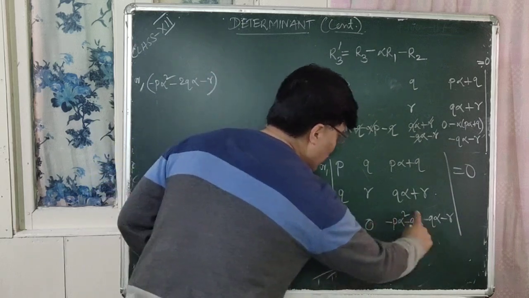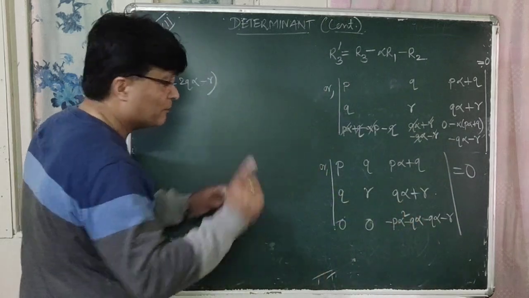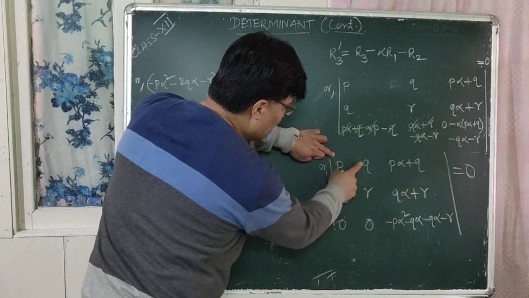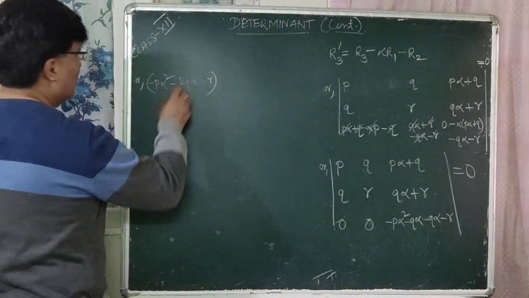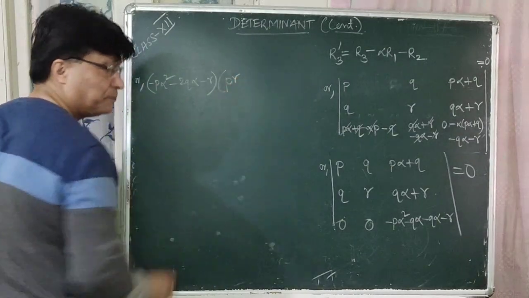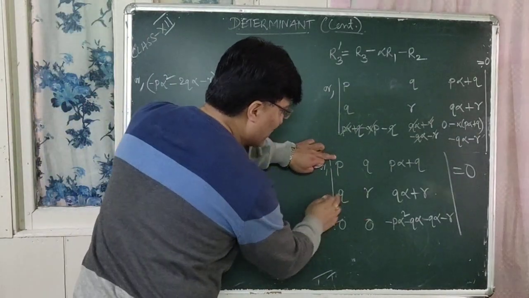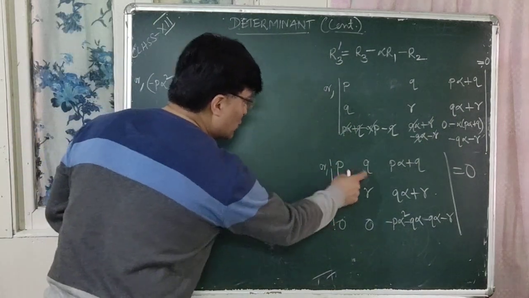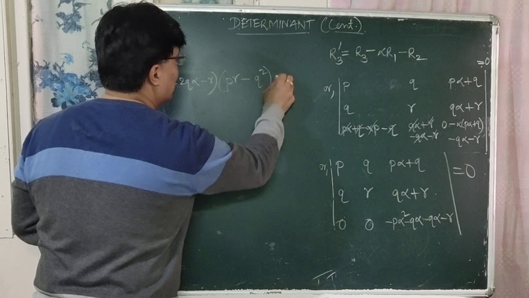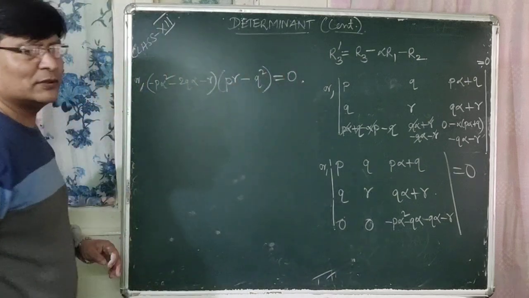That is third row and third column are deleted. What remain? P, Q, Q, R. Now you have to cross multiply P by R. It is PR. Then minus. You should write minus sign in between these two terms. And Q into Q is Q square. Bracket closed. Which is equal to 0.